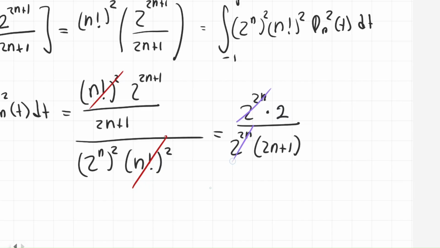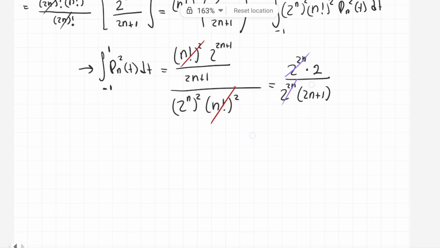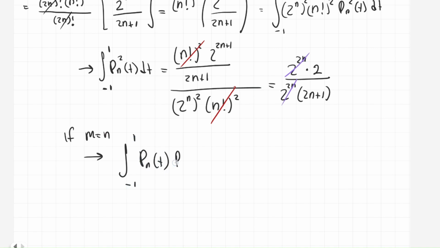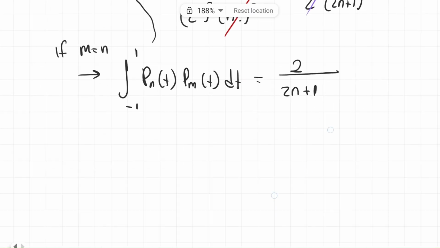So to cancel these elements, and to get that if m is equal to n, then the integral from minus 1 to 1 of p sub n of t, p sub m of t dt, which will be equal to this integral over here, is going to be 2 divided by 2m plus 1. Okay, perfect.